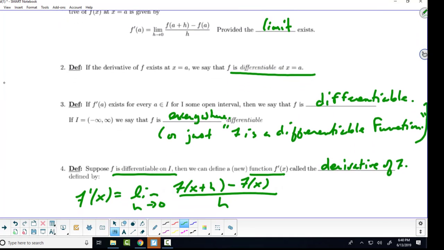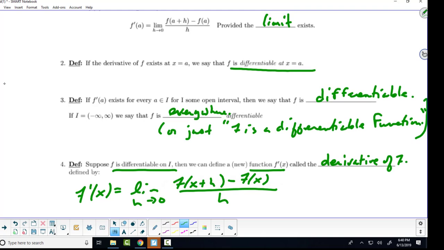What's the difference? Yeah, it's not at a point. What does a stand for here? A stands for some fixed number in the domain. X is a variable, as it's always been. So we repeat the procedure, but we use x as an arbitrary number as opposed to a fixed number.